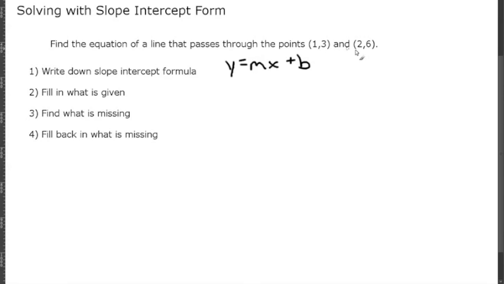The easiest way to start is to find the slope, which we know how to do with 2 points. It's just y1 minus y2 all over x1 minus x2.